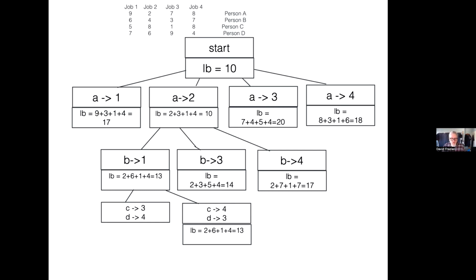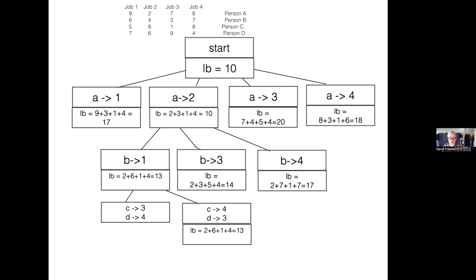Okay. So we have 2 plus 6 in both cases. Okay. So person C taking job 3 is going to be a 1, and person D taking job 4 is going to be a 4. Okay. Which gets us to a cost of 13.